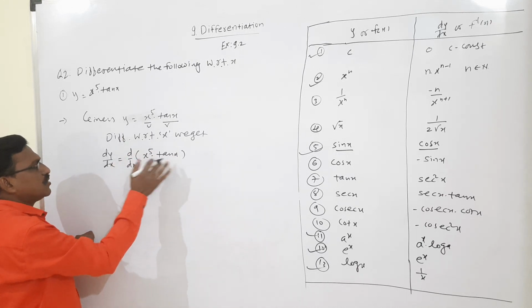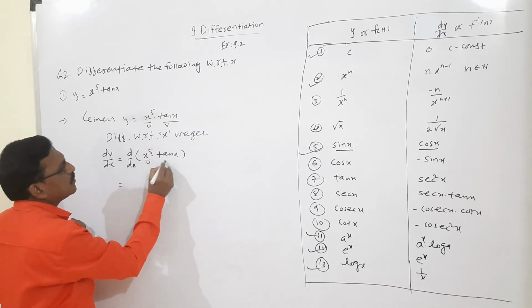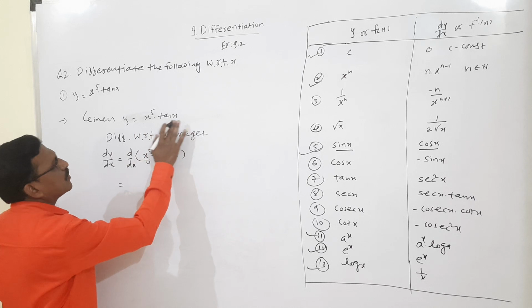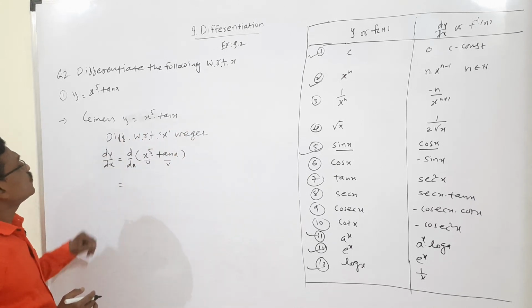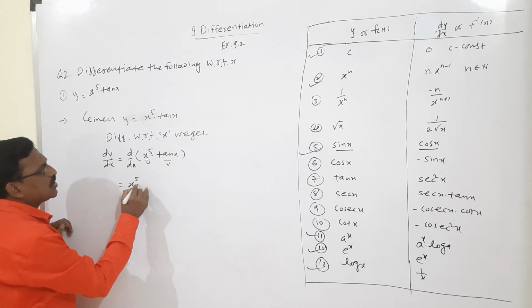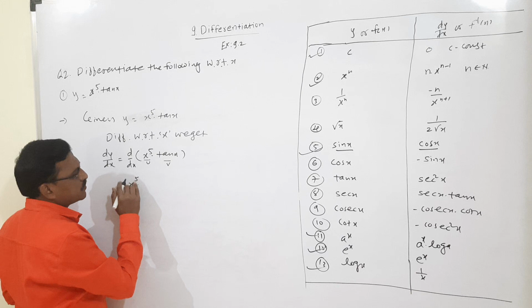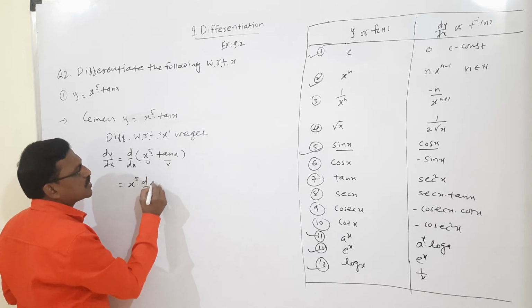Now we use the u into v rule. In the rule for u into v, u as it is, means x raised to 5 as it is, into the derivative of v, first function as it is, derivative of second, meaning v with respect to x.